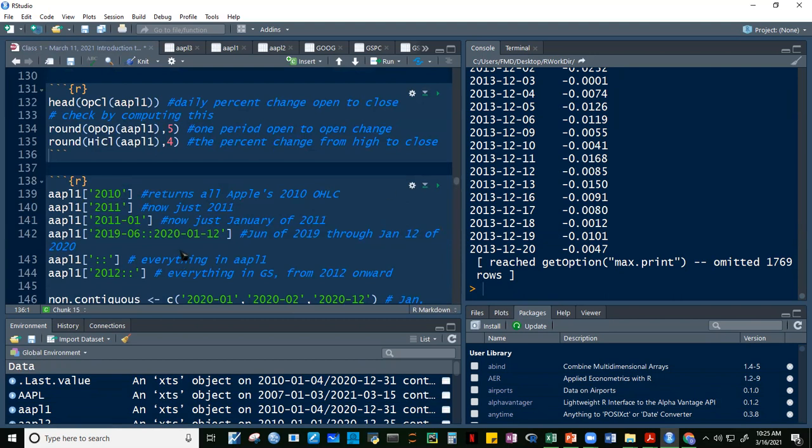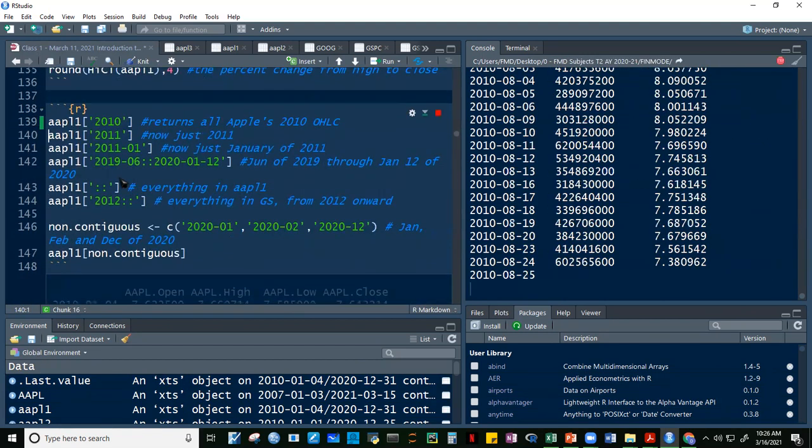Okay. And then earlier, what we did was subset the Apple data using the column and row positions. We can also subset it just using the index. For example, this Apple 1, the index is the dates. Apple 1, 2010, it will only give us the stock prices during 2010.